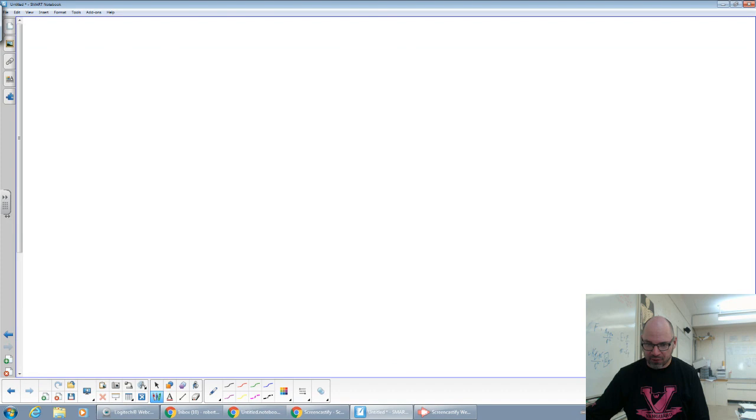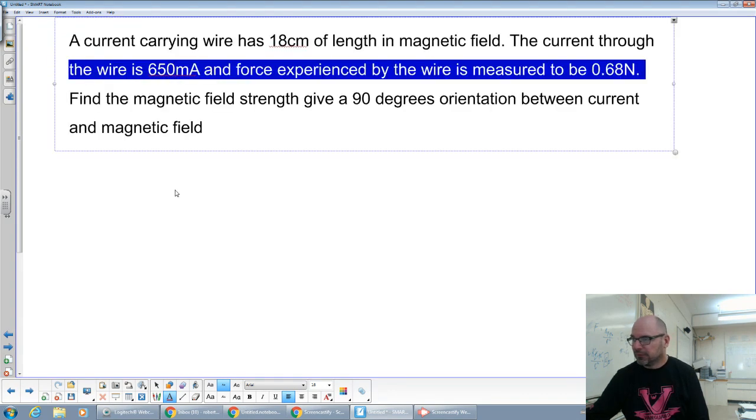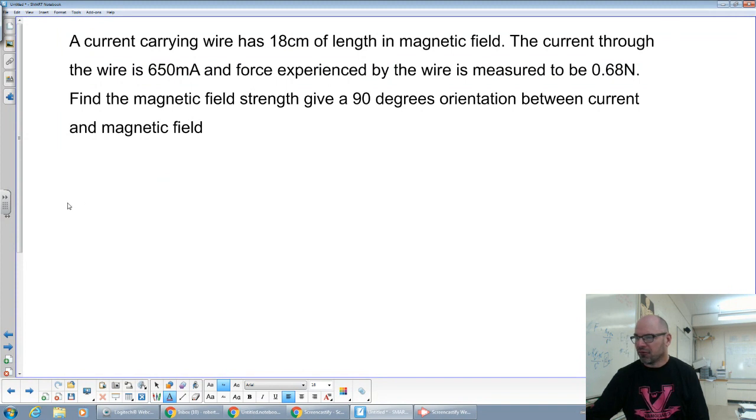Okay, let's do it on the second page here. Okay, I'll just copy it again here from my bank of questions. I don't have that many, but I have a couple over here. Okay, so this one has some milliamps in it, and some centimeters, so I have to be careful with the units. So it says a current carrying wire has 18 centimeters of length in a magnetic field.